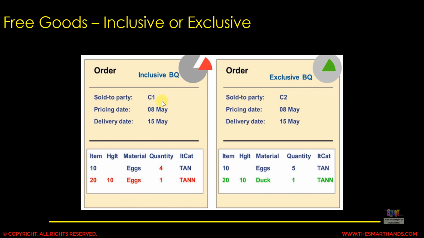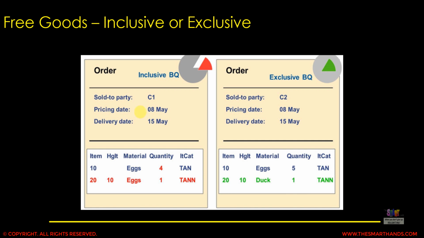Inclusive also means that, if you look at the first picture here, if the customer orders 5 pieces of eggs, the system will automatically make one free and change 5 to 4. If you enter quantity 5 in the sales order item, the system reads the free goods master data, which says for every 5 pieces make one free, and it's inclusive.